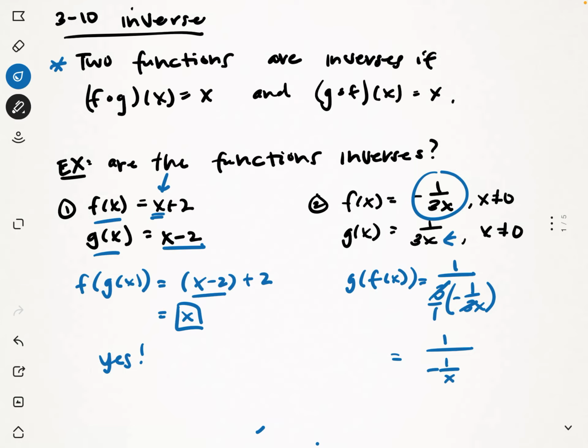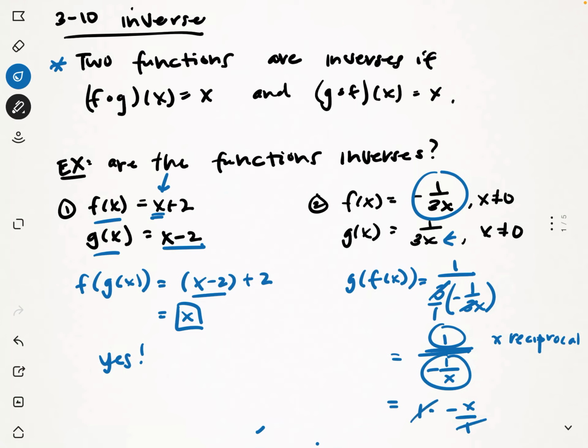We said last lesson that anytime we have a complex fraction, we multiply by the reciprocal. So this is going to be 1, that's our numerator. We take that division sign and change it to multiplying by the reciprocal of our fraction, which is negative x over 1.